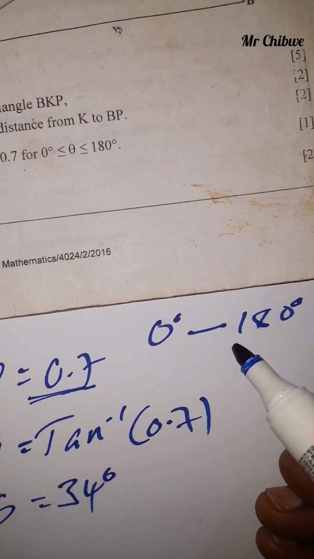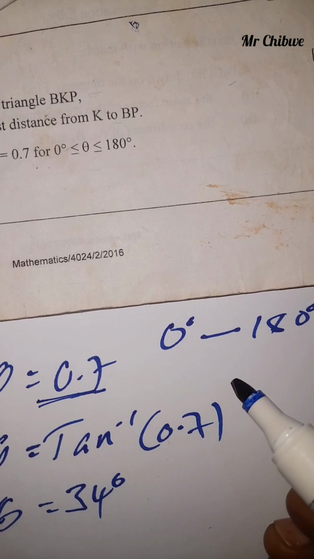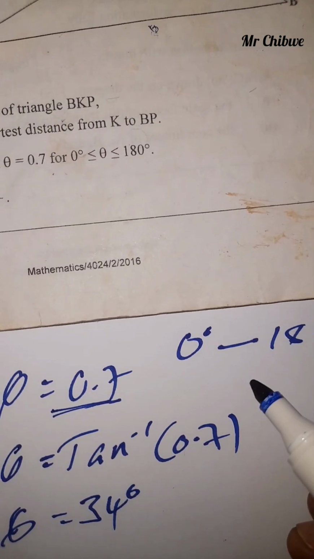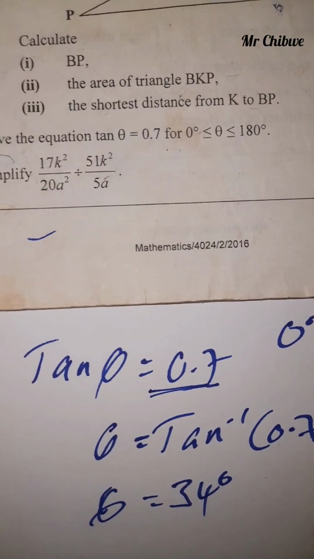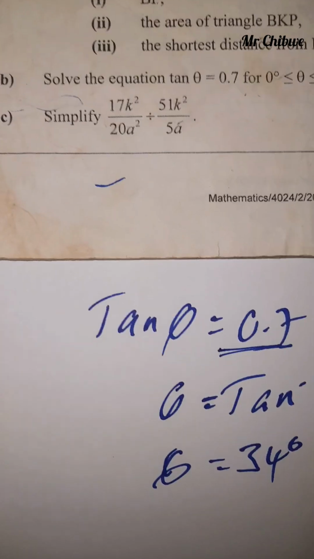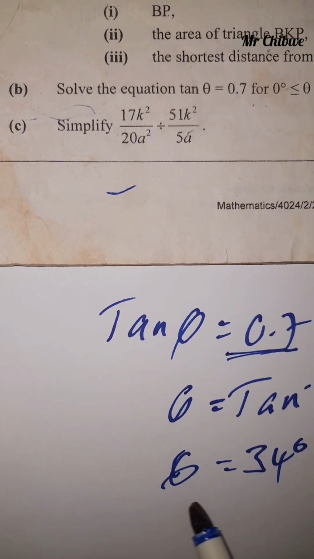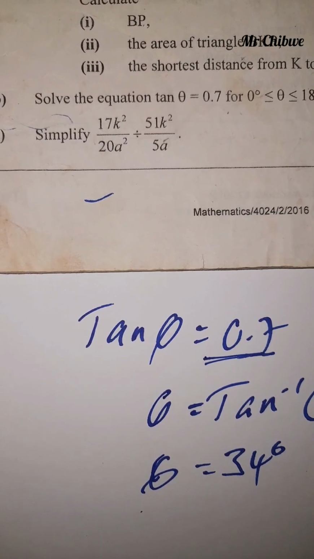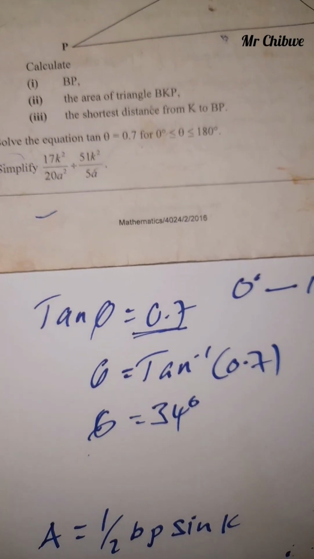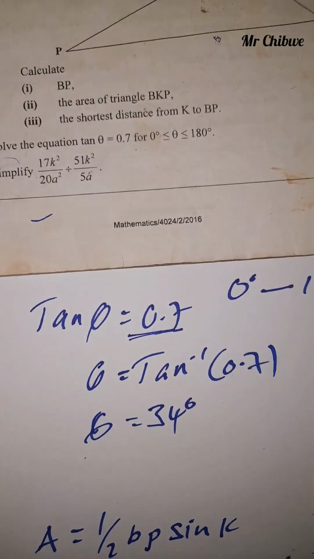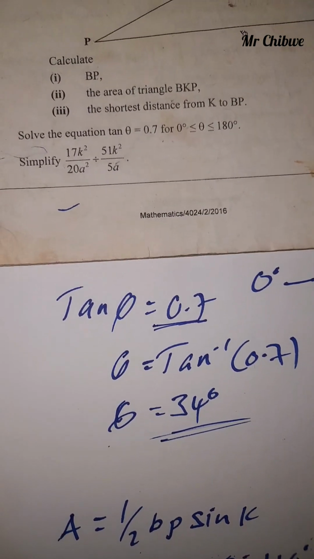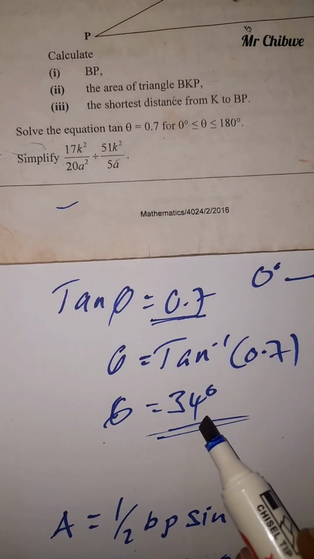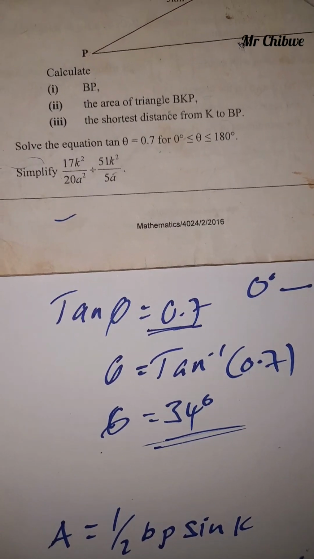In the first quadrant and the third quadrant, tan is positive, but the third quadrant is above 180. So we are just going to consider the first quadrant, where all trigonometric ratios are positive. So this is the answer, as simple as that, because this one is in between 0 and 180.